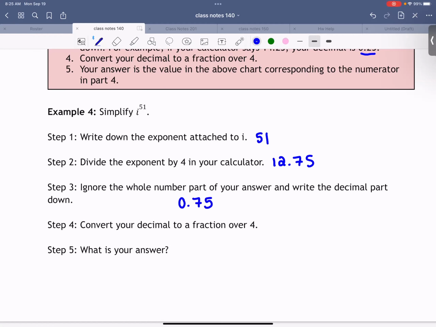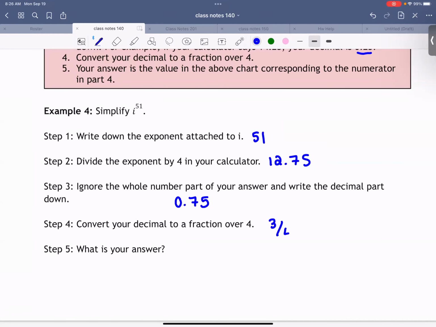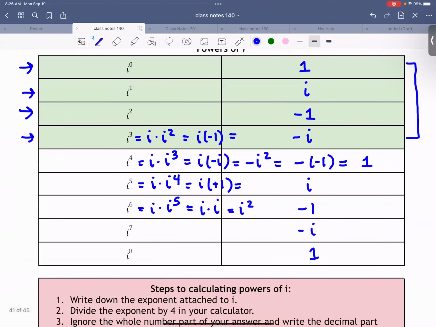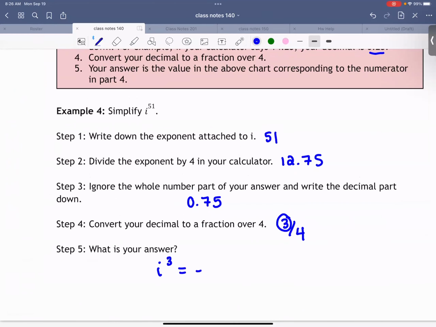What is 0.75 as a fraction over 4? 3 over 4, good. Okay, so step 5 is asking us what our answer is. It's going to be I cubed. Now that's not our full answer because in our chart it says I cubed is actually negative I. You can either remember this or figure out how to get there, but negative I is the fully simplified version of I to the 51.